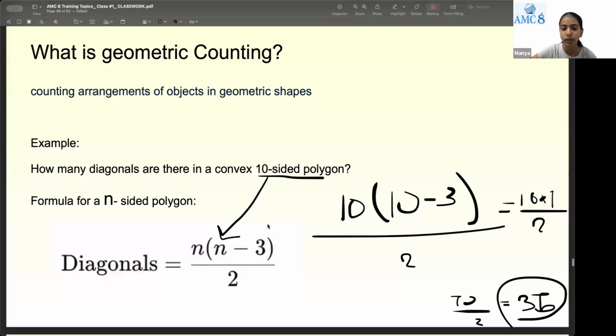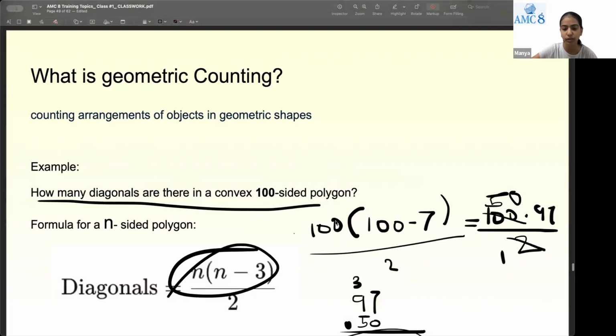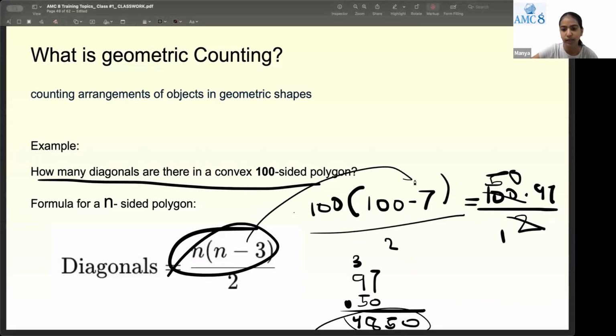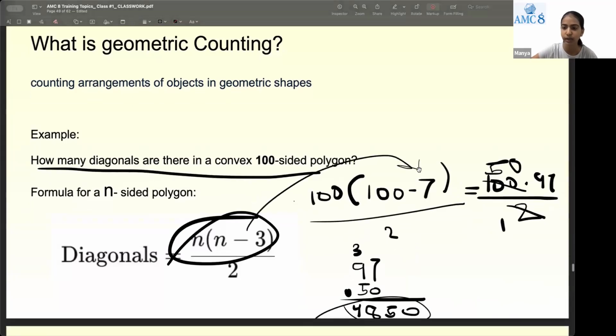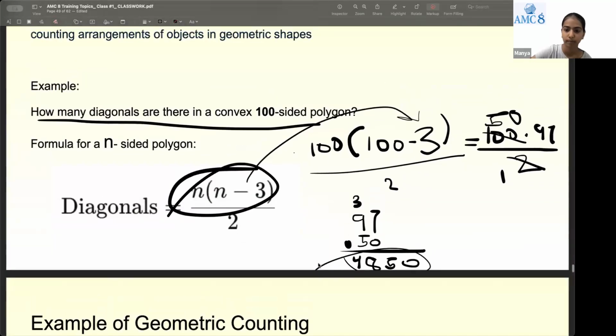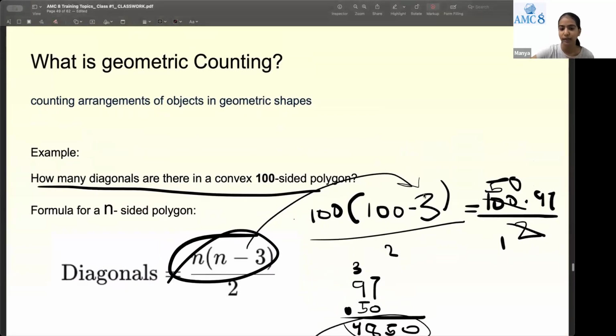We had a 10-sided polygon, and so we did 10 minus 3, which is equal to 10 times 7. And here we're going to do 100 minus 3. I'm sorry if I wrote 100 minus 7. I meant 100 minus 3 here.